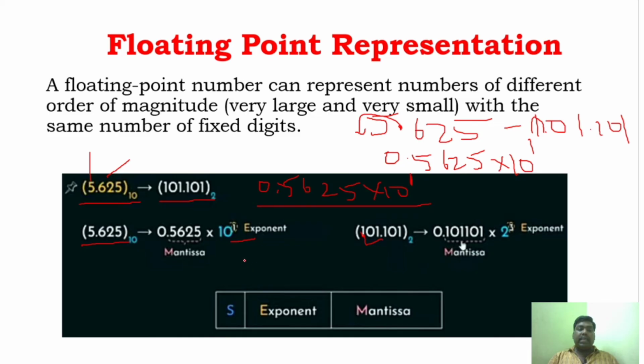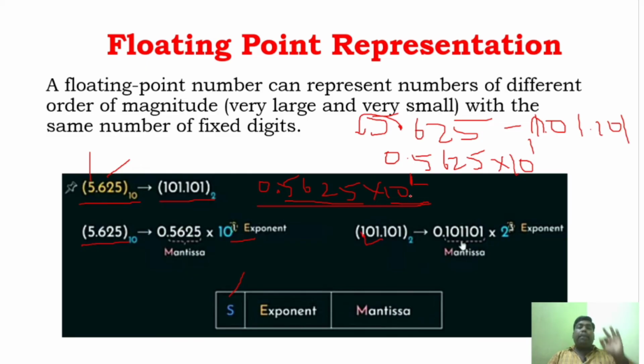So it has a sign. And after the decimal point you have some numbers, and here you can see an exponent, that is 10 to the power of 1. We moved the decimal point, so we represented it as 10 to the power of 1.